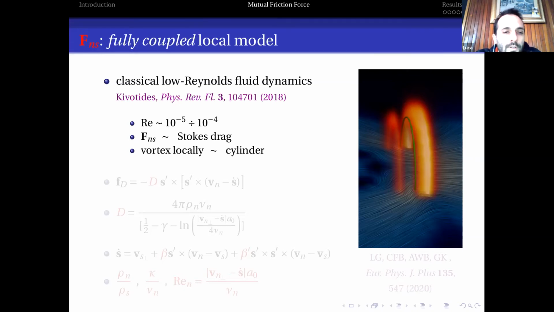Then, the dissipative term of the Hall-Vinen formulation behaves very similarly to the drag force exerted on a moving fluid by a classical viscous flow. And in addition, locally the vortex looks like a cylinder. So this led Kyvotides to elaborate a framework where each discretized line element of the vortex line behaves like a cylinder of finite length and radius.